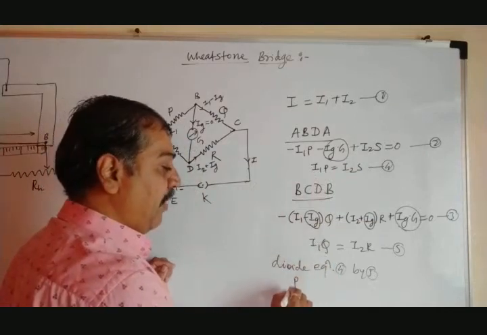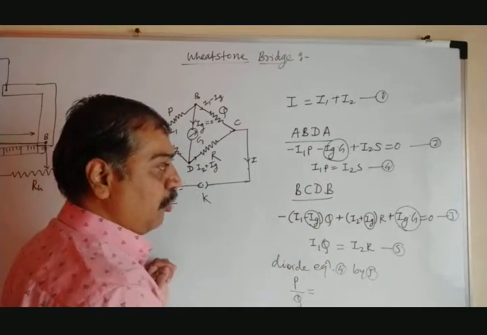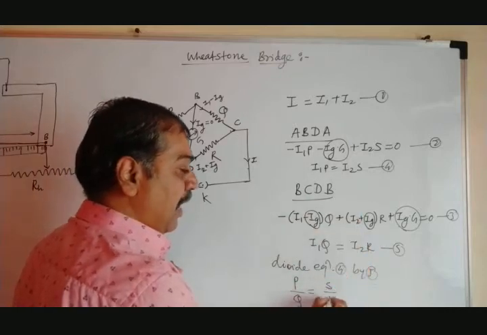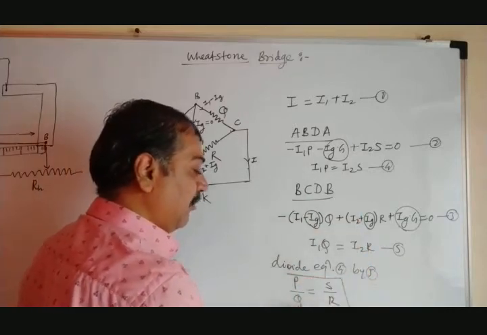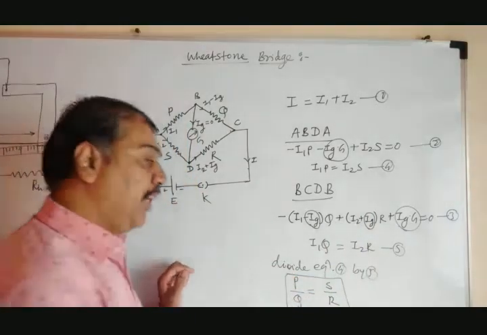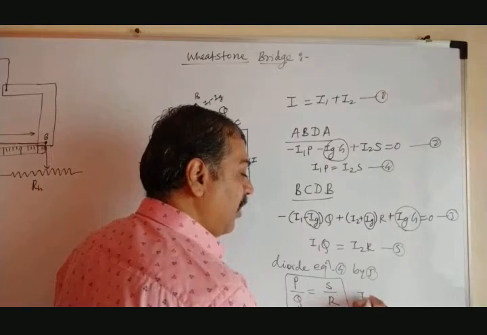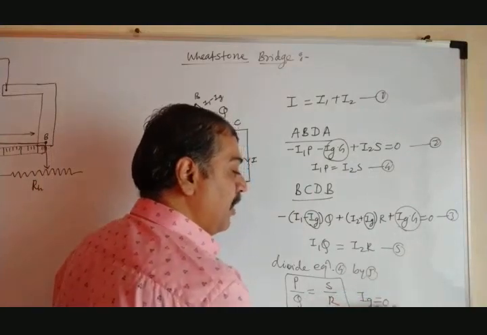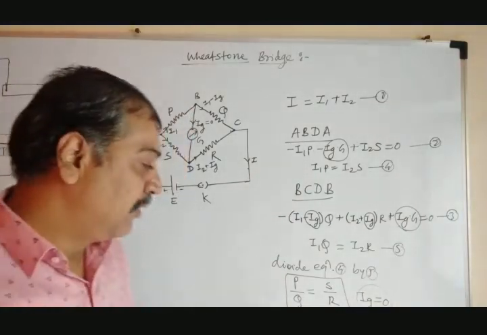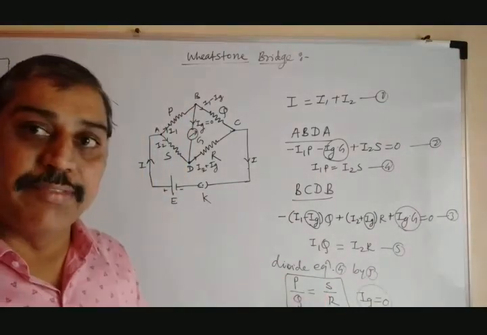We get P divided by Q equal to, I2 cancels out, S divided by R. And this is the condition for the Wheatstone bridge. This is satisfied when the current through the galvanometer is 0. Then the bridge is said to be balanced, and once the bridge is balanced, we can write P by Q equal to S by R.